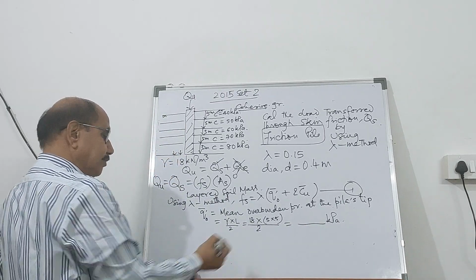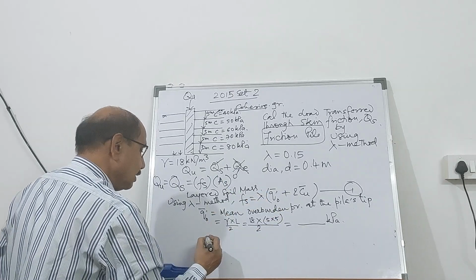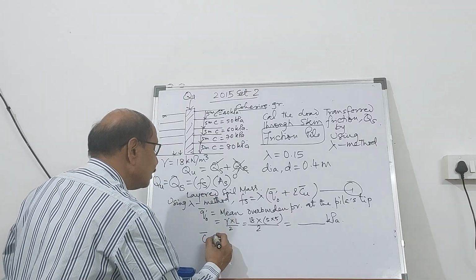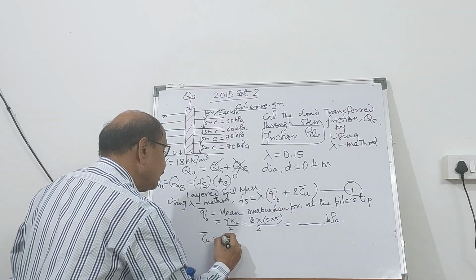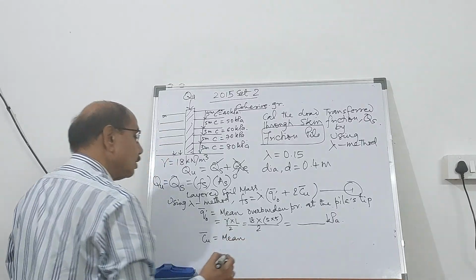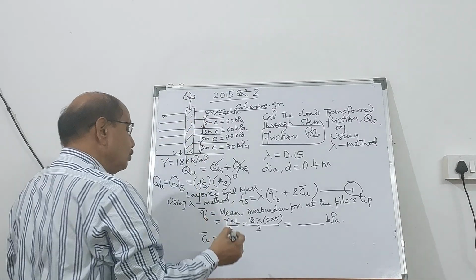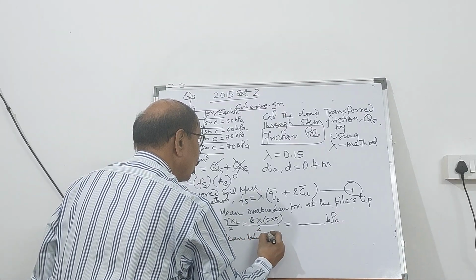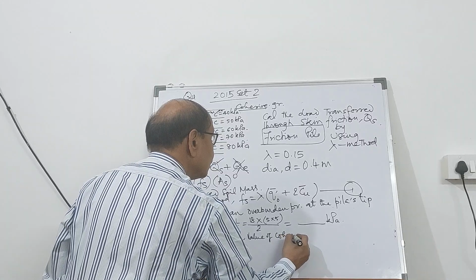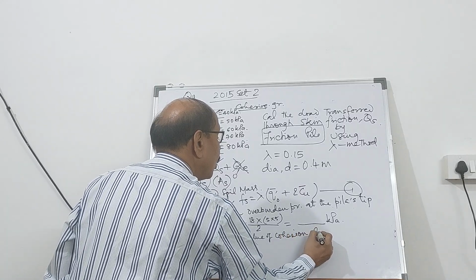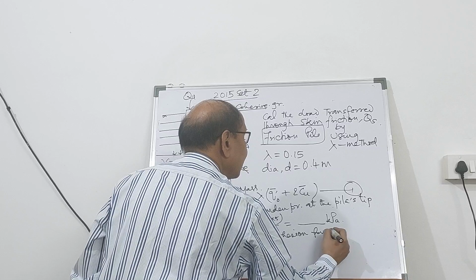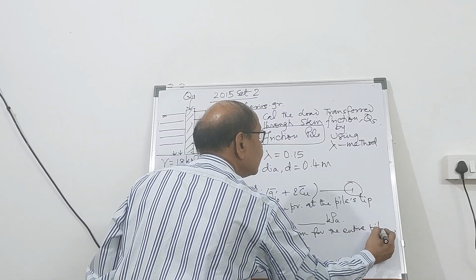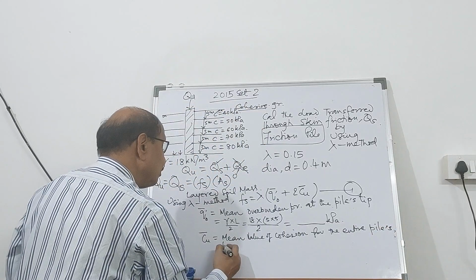Having calculated this, you can also calculate the value of Cu bar. What is Cu bar? The mean value of cohesion for the entire pile's length.